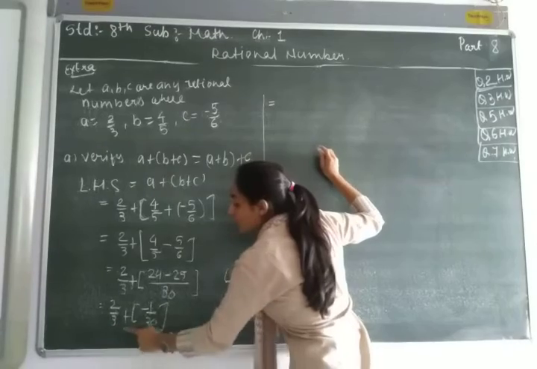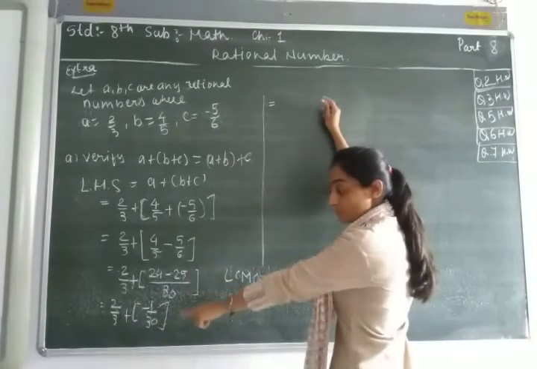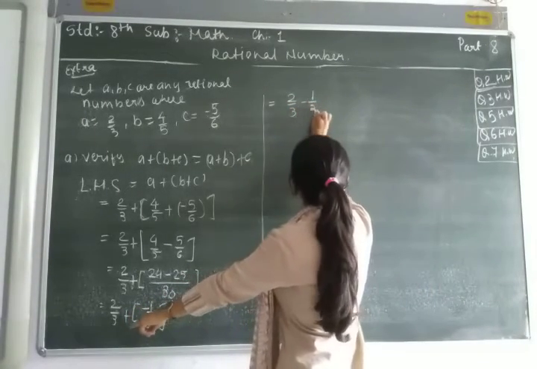Again we have to look over here, plus and minus both are in multiplication. So 2 by 3 minus 1 upon 30.